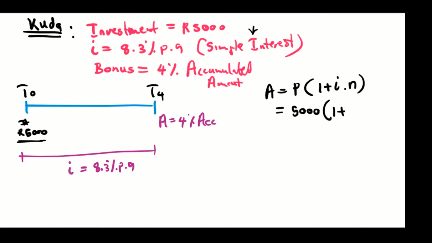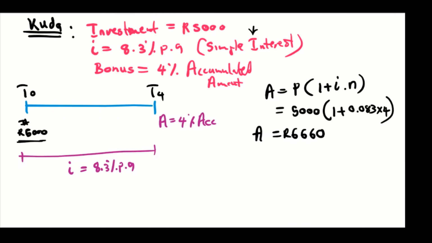You will divide that 8.3 by 100 and get 0.083, and then multiply by 4 years. The answer that you're supposed to get is 6,660. So this is the accumulated amount.